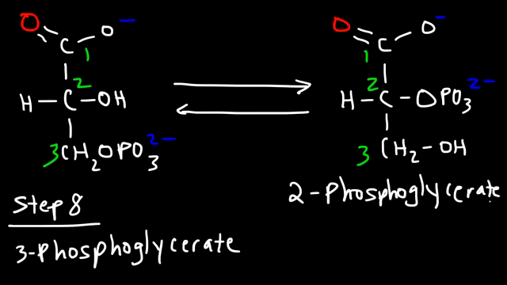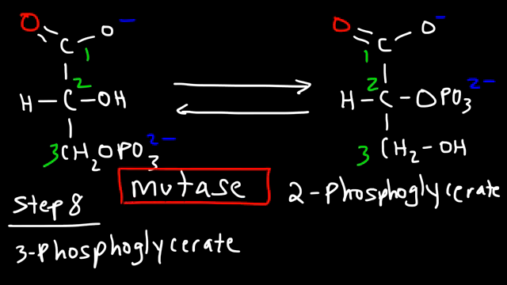Now, what type of enzyme moves a functional group from one position to another? Granted, these are isomers. So if you were to say an isomerase enzyme, you're not technically incorrect because the enzyme that I'm looking for is a type of isomerase enzyme. It has a specific name. This particular enzyme is a mutase enzyme. It's a type of isomerase enzyme, but specifically, its purpose is to move a functional group from one position to another. In this case, to move the phosphate group from position 3 to position 2.